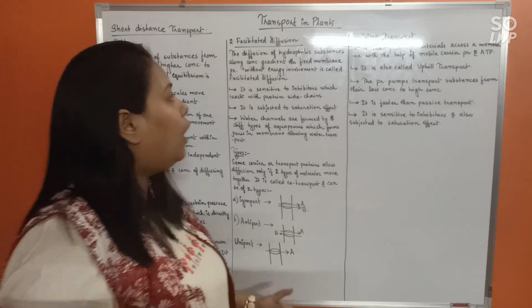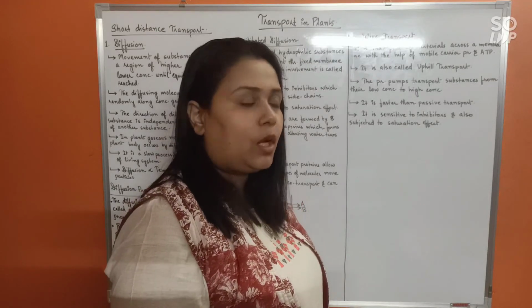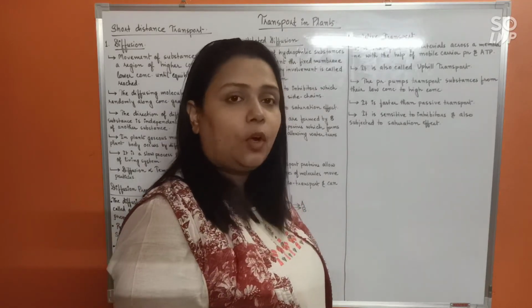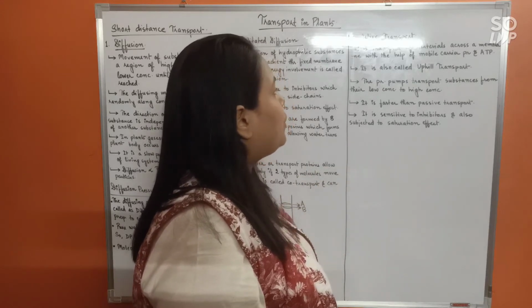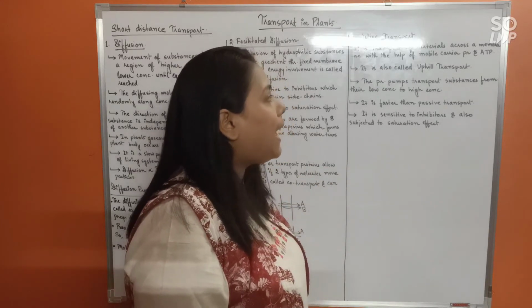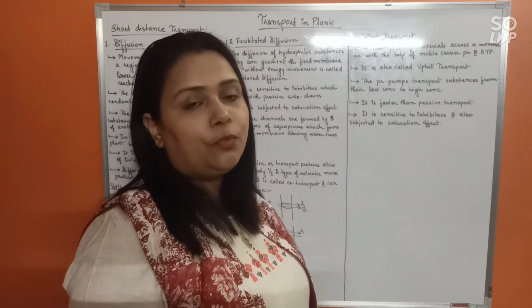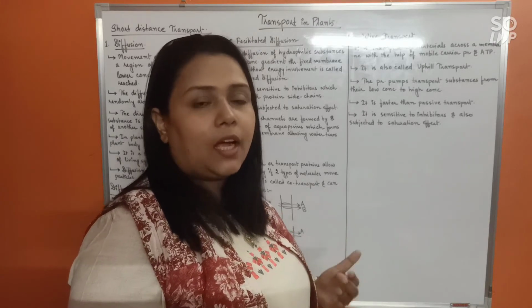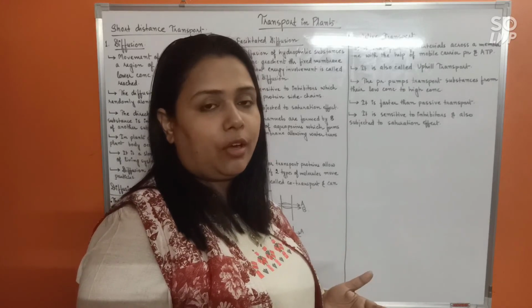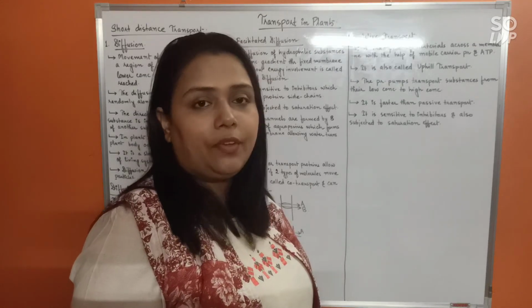Now moving on to another form of transport which is the exact opposite of passive transport, called active transport. It is the transport of materials across a membrane with the help of mobile carrier proteins and ATP. Here, the substances move from lower to higher concentration, and because it occurs against the concentration gradient, of course energy in the form of ATP has to be invested.